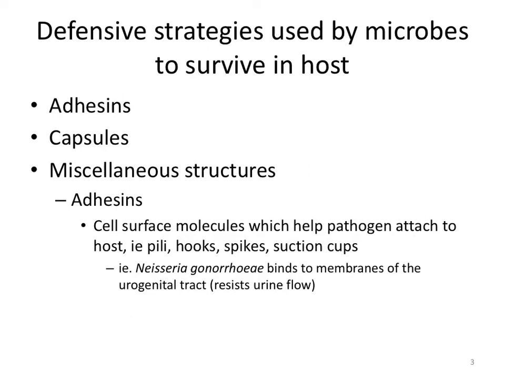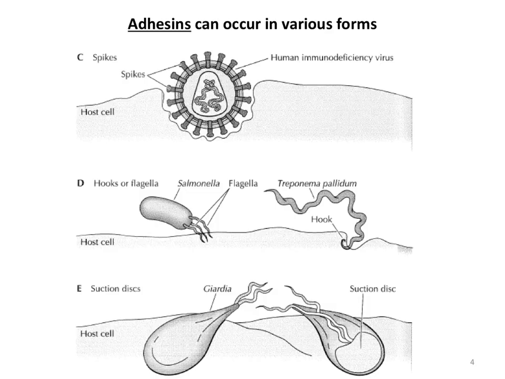Let's look at some pictures and think a little bit more about adhesins. Adhesins can look different in different types of pathogens. C, D, and E are showing us images of a viral pathogen, of 2 bacterial pathogens, and of a eukaryotic pathogen that belongs to the group called protozoa, respectively. On the top, we have the human immunodeficiency virus, or HIV.